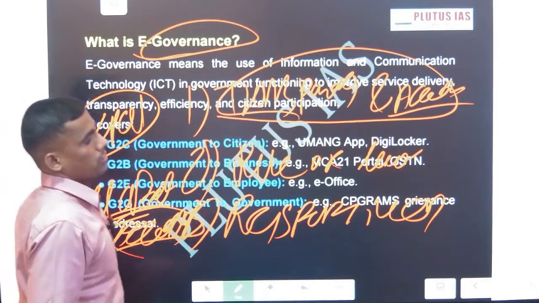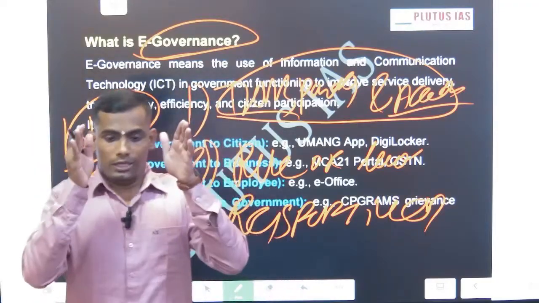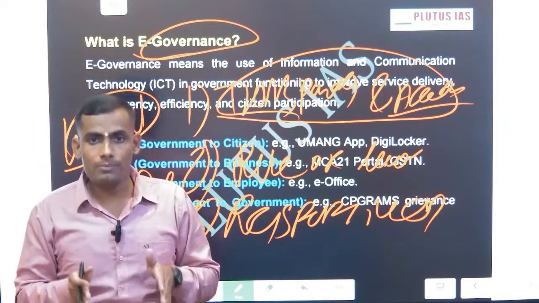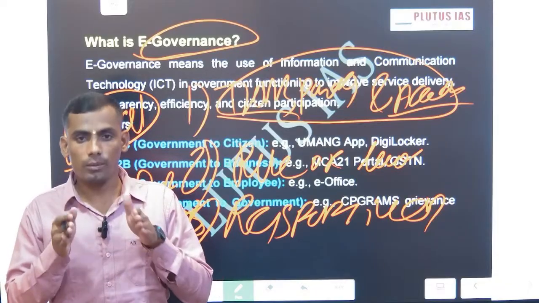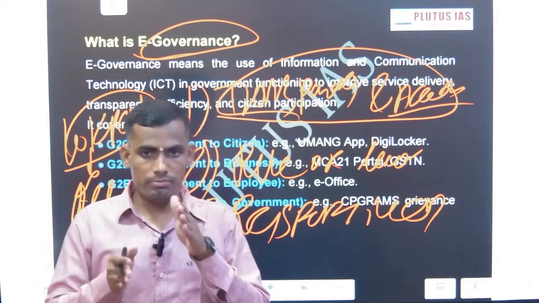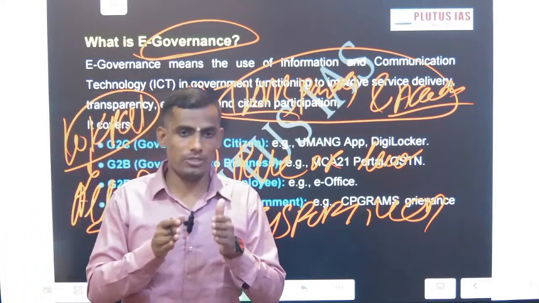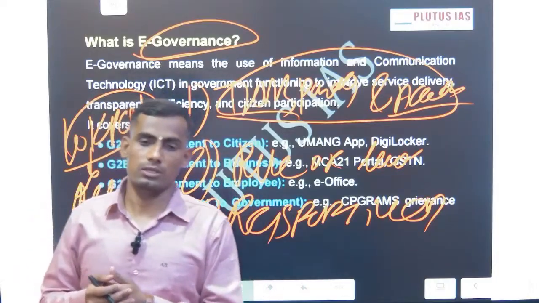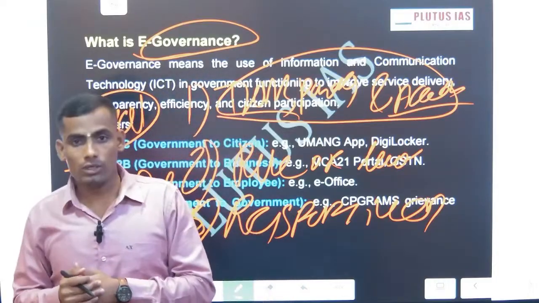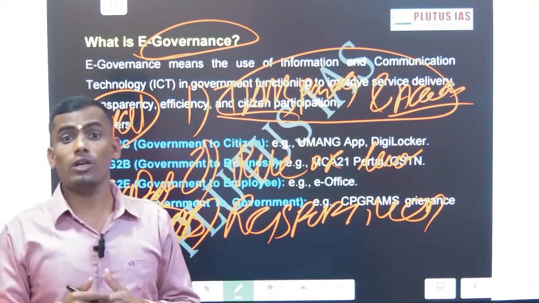So e-governance helps to maintain the accountability and integrity of the government. Our honorable Prime Minister always used to say: minimum government, maximum governance. This is the mantra, and this mantra is based on e-governance.